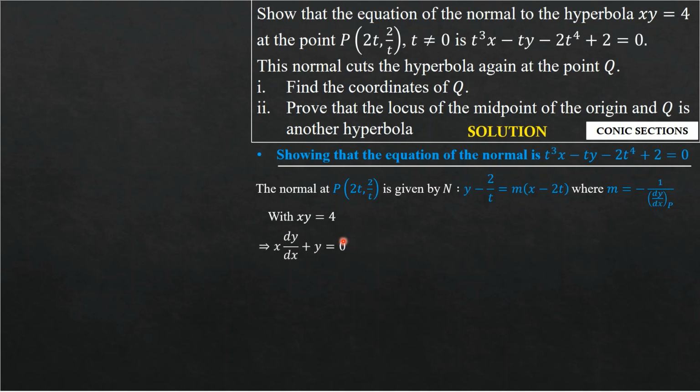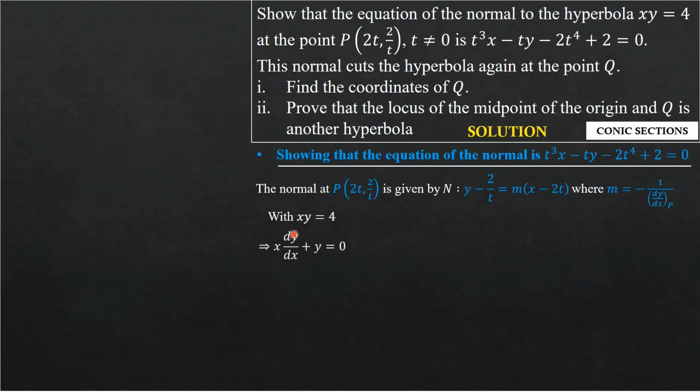Implicit differentiation means that I differentiate the equation with respect to a variable. So I have xy equal to 4. I differentiate xy and I differentiate 4 with respect to x because I need dy/dx. Now xy is the product of two functions, so we need to use what we call the product rule.